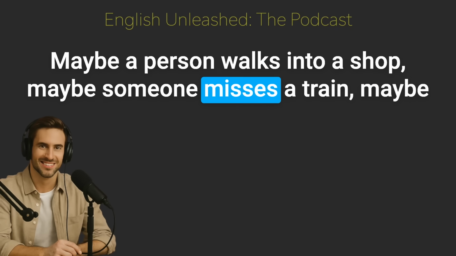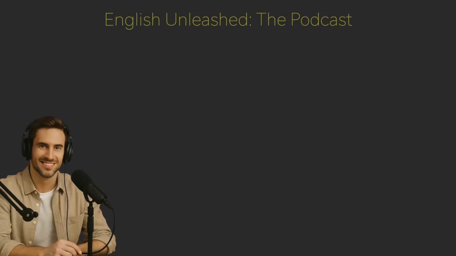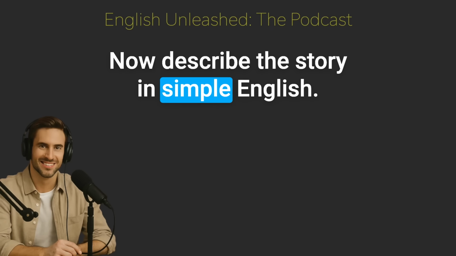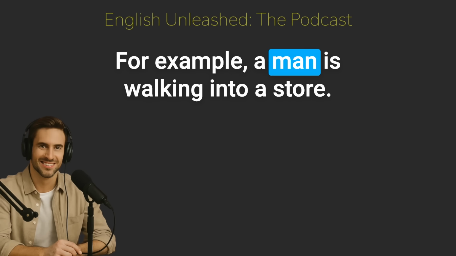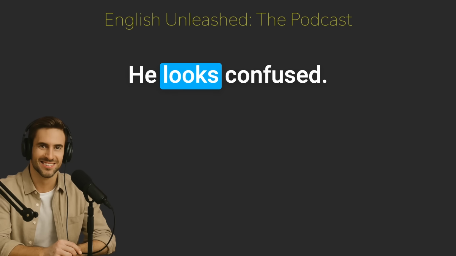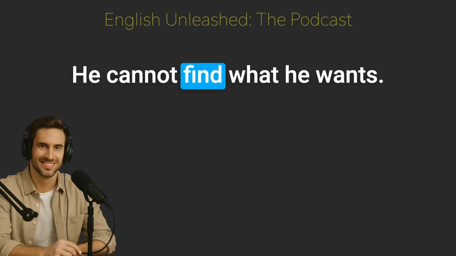Maybe someone misses a train. Maybe two friends meet after many years. Now describe the story in simple English. For example, a man is walking into a store. He looks confused. He cannot find what he wants.